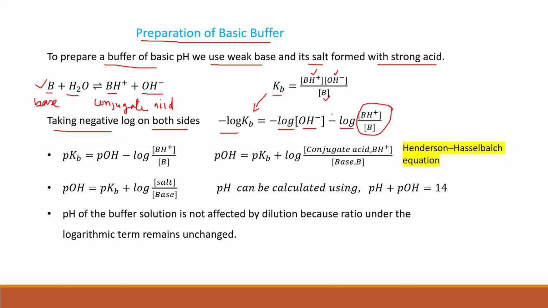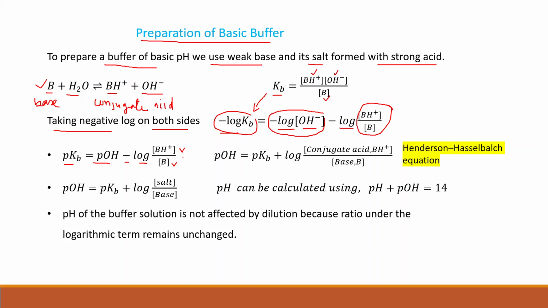Now, minus log Kb is pKb and minus log of hydroxyl ion concentration is pOH. So we can write pKb is equal to pOH minus log of concentration of conjugate acid to concentration of base.